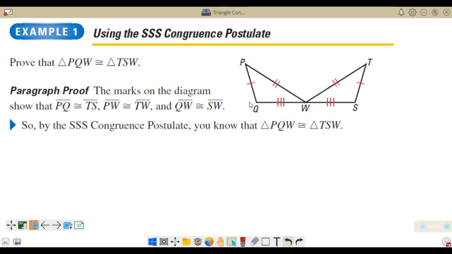Paragraph proof yung ginamit niya dito. Given are segment PQ is congruent to segment TS, segment PW is congruent to segment TW, and segment QW is congruent to segment SW. So, by the SSS congruence postulate, we know that triangle PQW is congruent to triangle TSW.